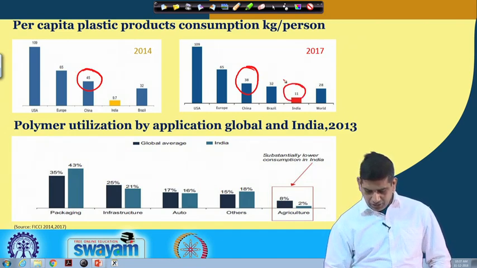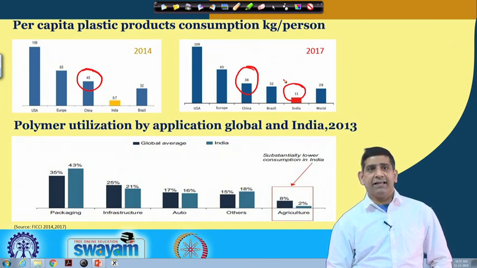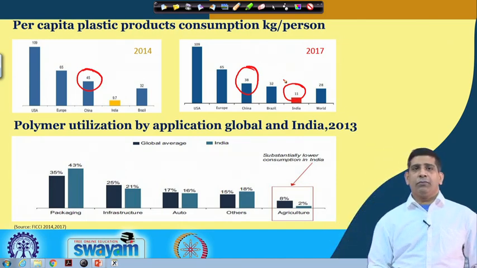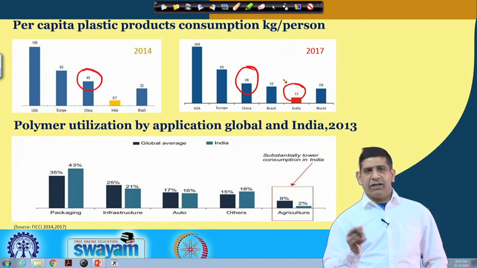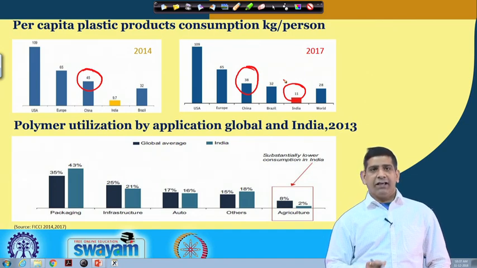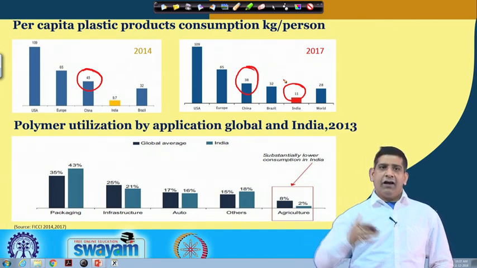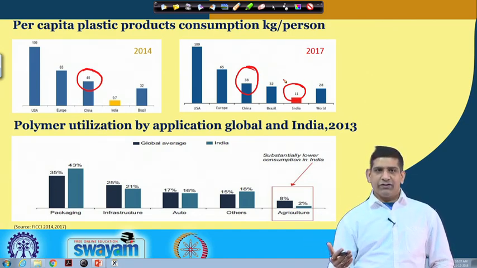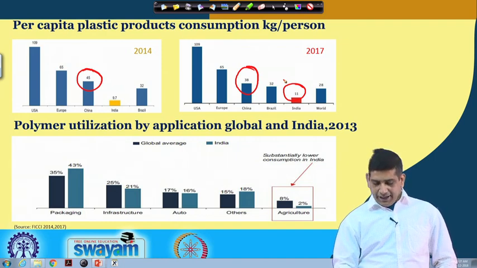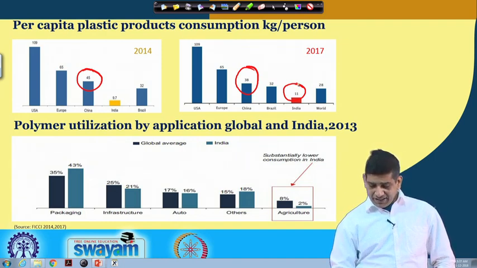Because our GDP is going up, as I have been telling those of you who took my solid waste class on waste management for the smart city, as the GDP of a country increases, the amount of waste produced also goes up, and that includes plastic waste. So our plastic consumption has gone up, and for the US it stays the same.